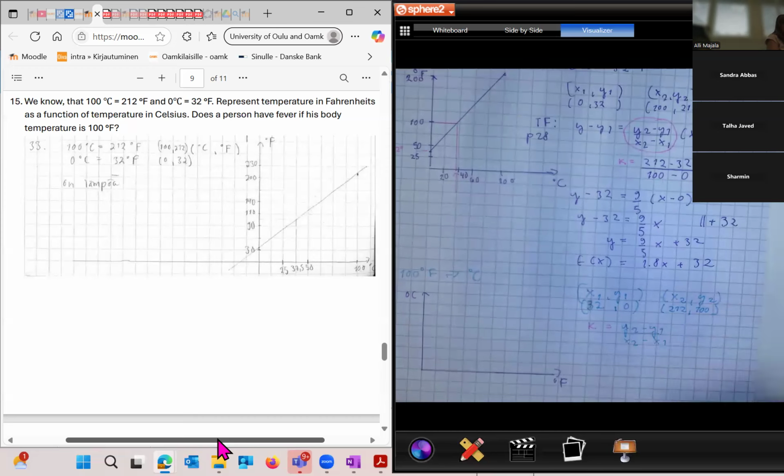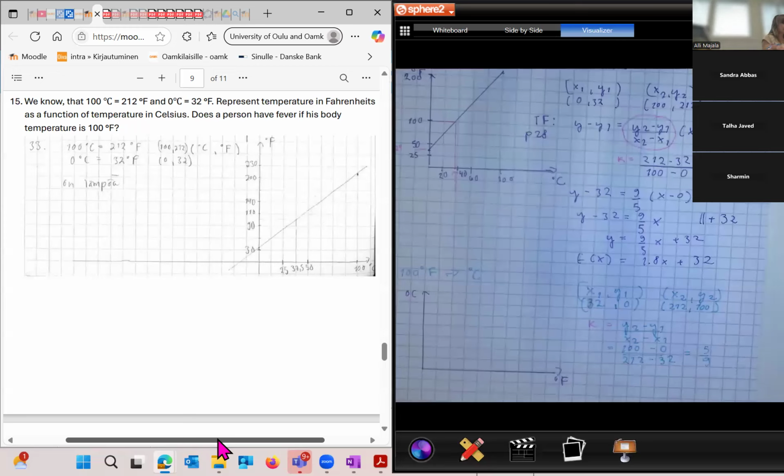But now it's the other way around. So my y2 was 100 and y1 was 0, exactly the other way around as we did the last time. And of course we also get the reciprocal of the previous here, yes. So it's 5 divided by 9, yes.